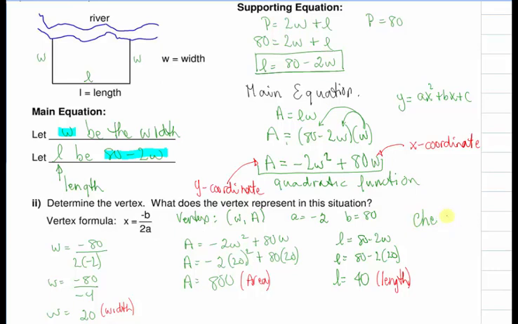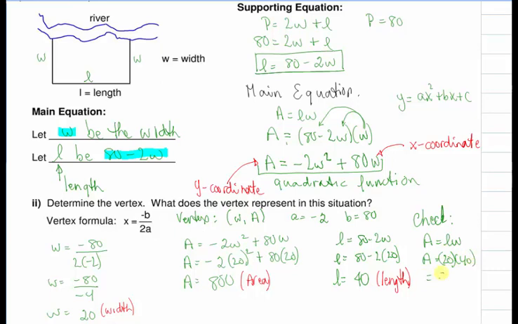Now, if I want to do a quick check to see if my dimensions are correct, I can just plug that into the area formula. According to what we've worked out, my area is going to be 20 times 40, right?